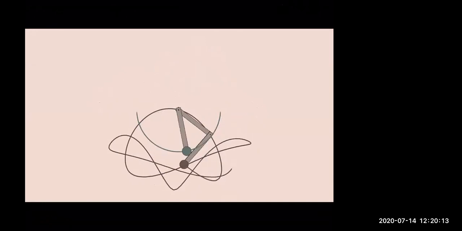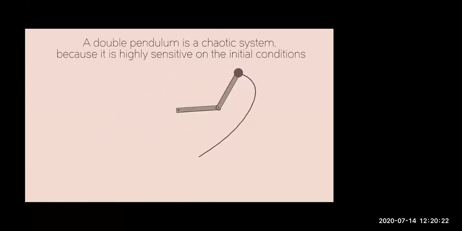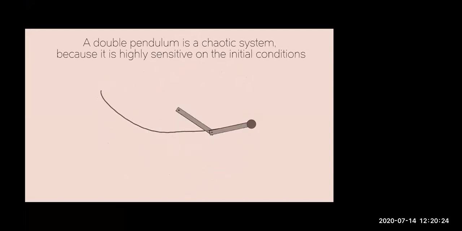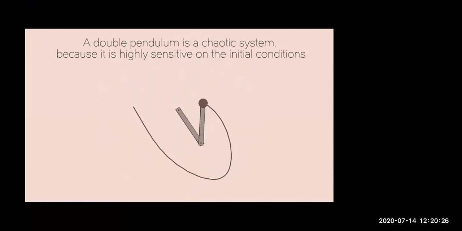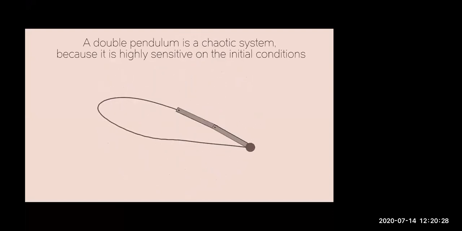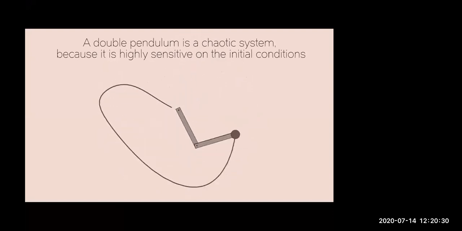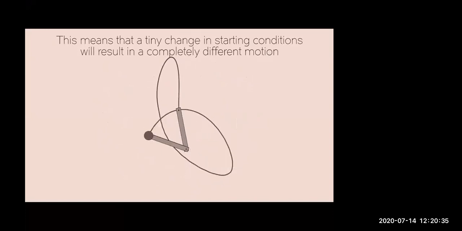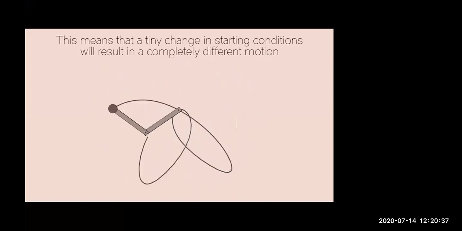You see, the brown object has a chaotic behavior. It's a double pendulum. It has chaotic behavior, and it's almost impossible to predict its exact trajectory actually.